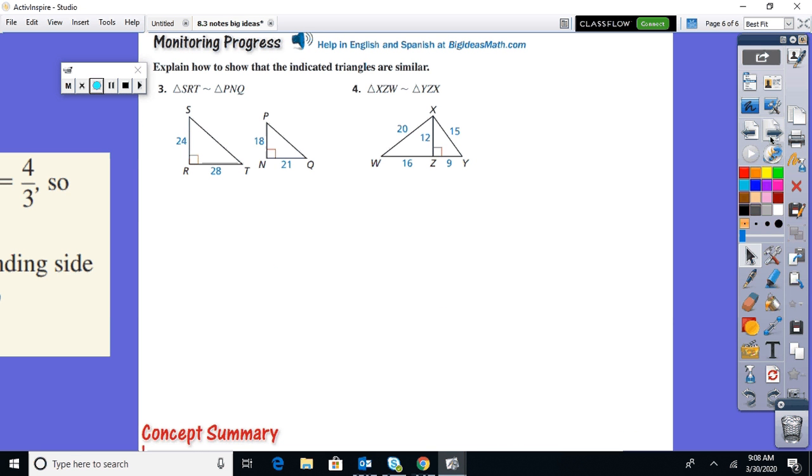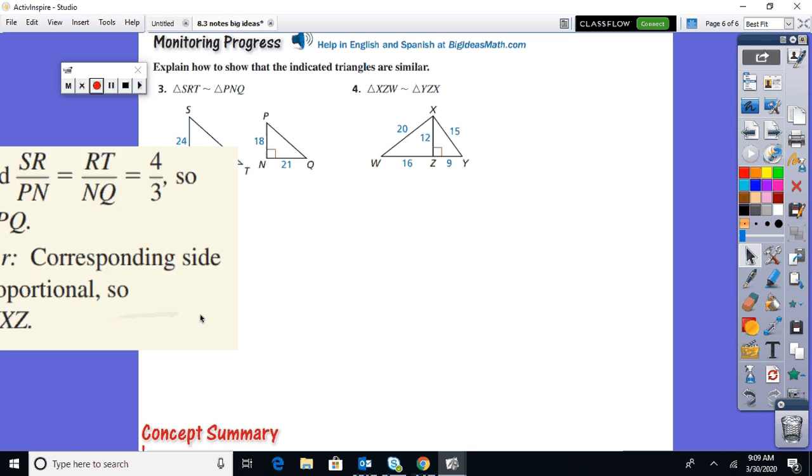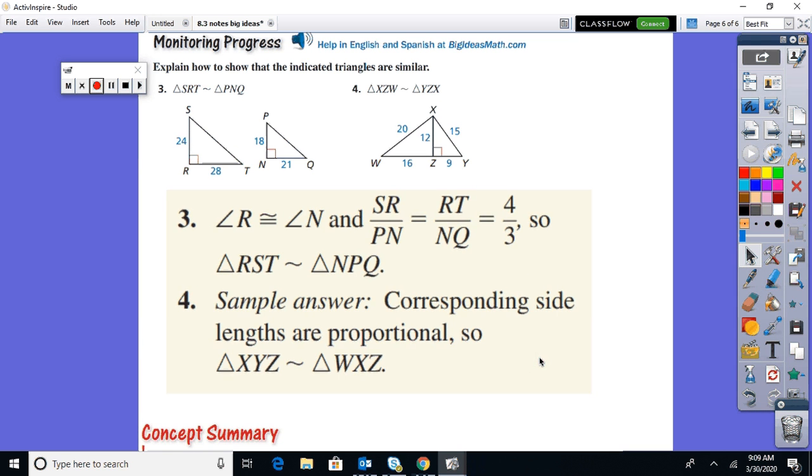All right, so there's a sassy example. And in our monitoring progress, we were checking these two triangles, so this is a good illustration of what you'd be asked to do on a quiz. Explain how to show the indicated triangles are similar. For 3, you've got the angles R and N being congruent, and then you know that 24 is to 18 as 28 is to 21.